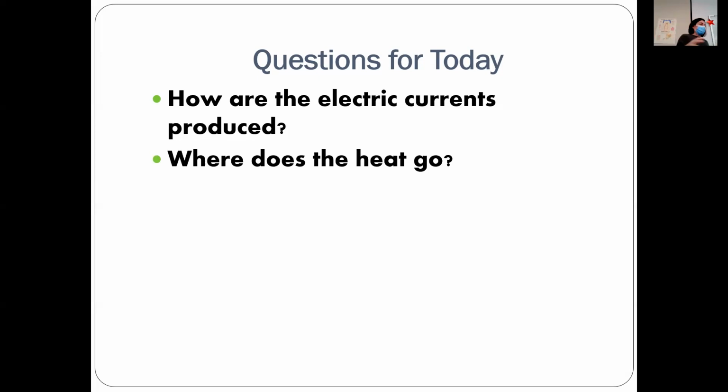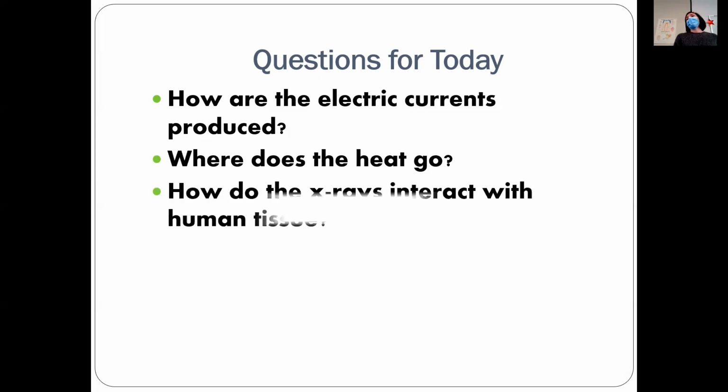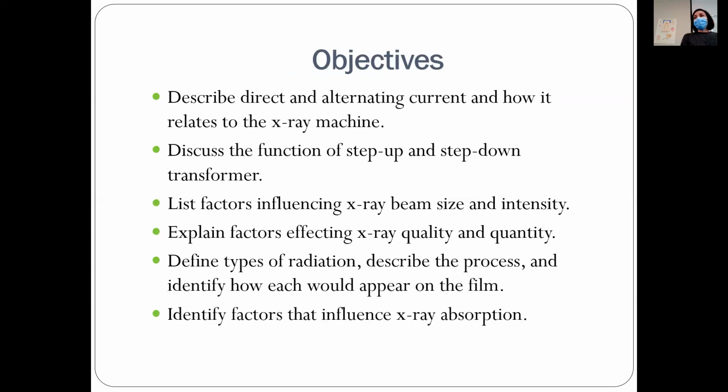You already kind of know that, because we talked about the copper stem. How do the X-rays interact with human tissue? We'll start to talk about what the actual X-ray photons do when they come in contact with matter, and go into more depth with the biologic effects.